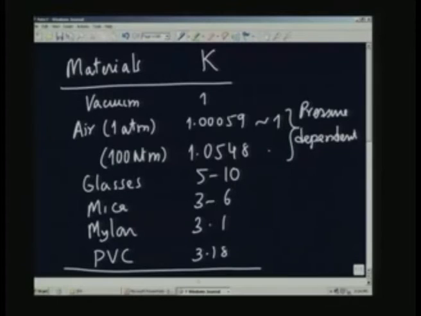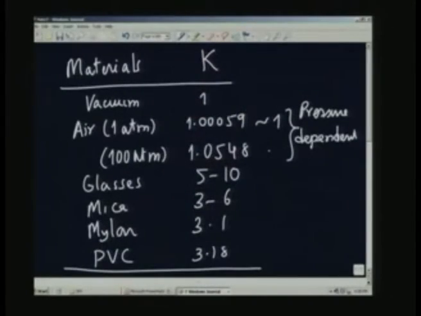When capacitances are made in practice, we use different dielectrics, and you can see here the value of the capacitance is proportional to the dielectric constant multiplied by A divided by D multiplied by that 0.0885. So, if you want to get a larger value of capacitance, you fill the gap between the two electrodes with a material of higher dielectric constant.